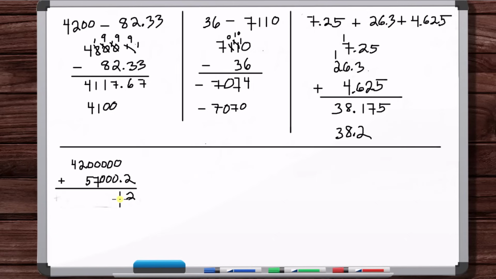Okay, so 2. Okay, now you do not round this. You leave the maximum number of significant digits. We only round the final answer. Okay, now minus 77.43.